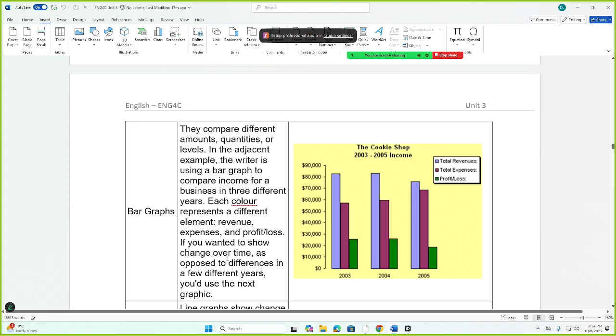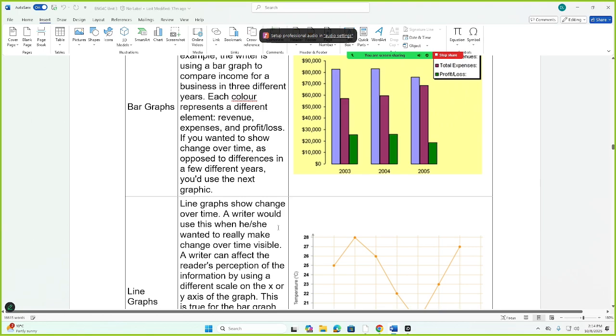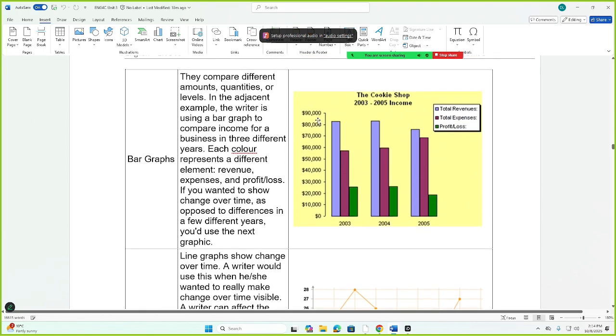If you wanted to show change over time as opposed to differences in a few years, you would use the next graph, which we'll look at in a second. One thing I want to mention about this graph right here is on the y-axis.